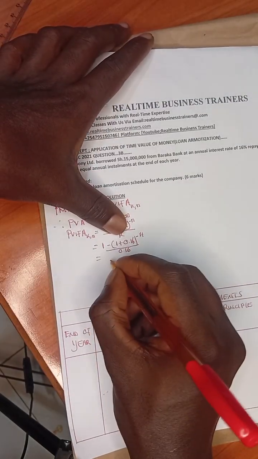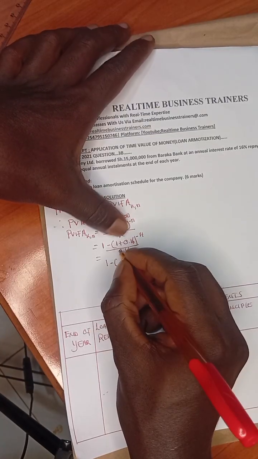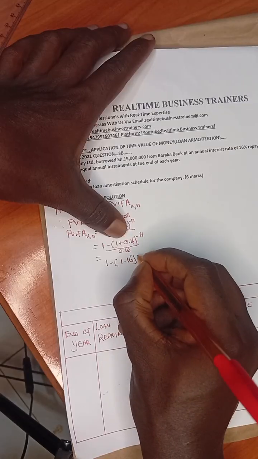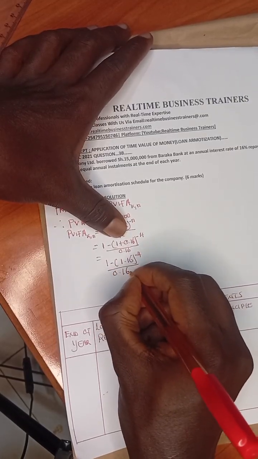So we continue by saying 1 minus, when you work this out, 1.16 power negative 4, all over 0.16.